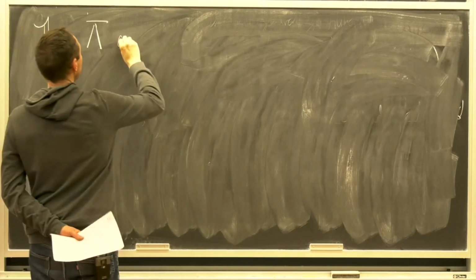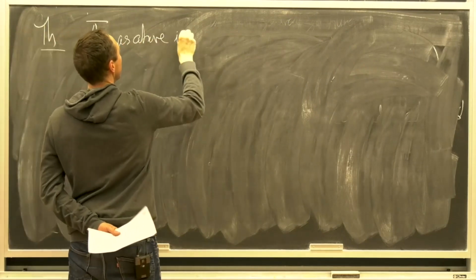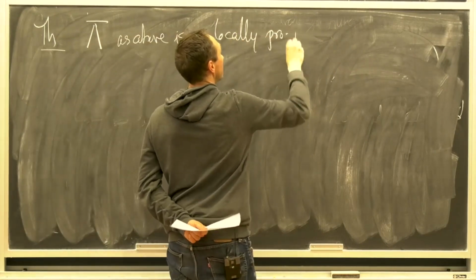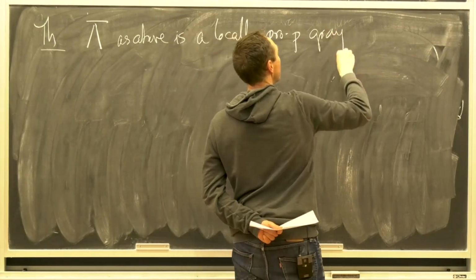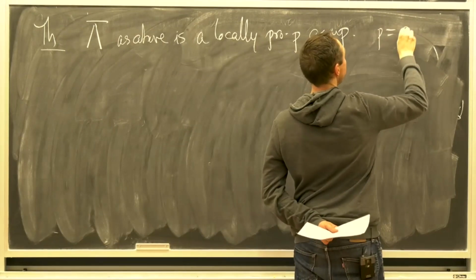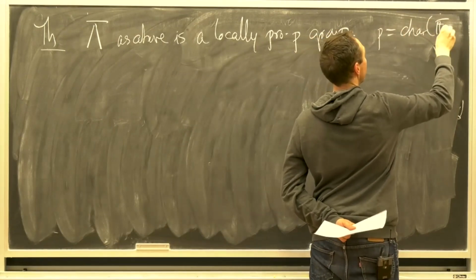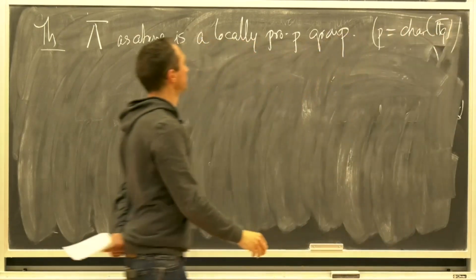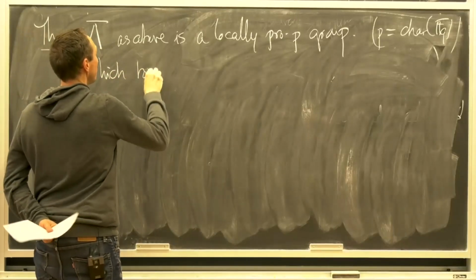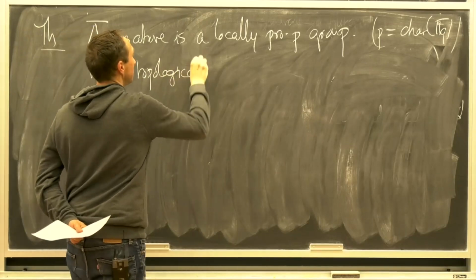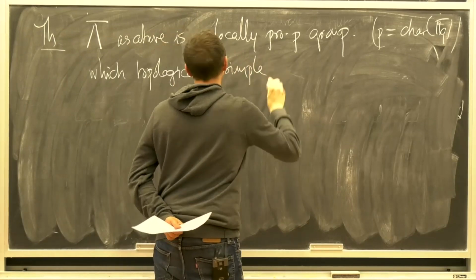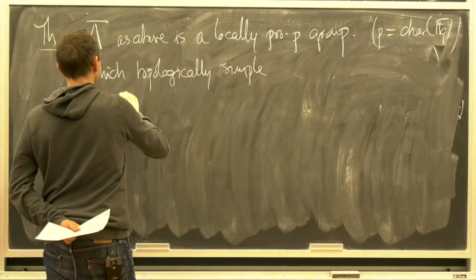Lambda bar, as above, is a locally pro-p group, p being the characteristic of F_q, which is topologically simple, and even abstractly simple.